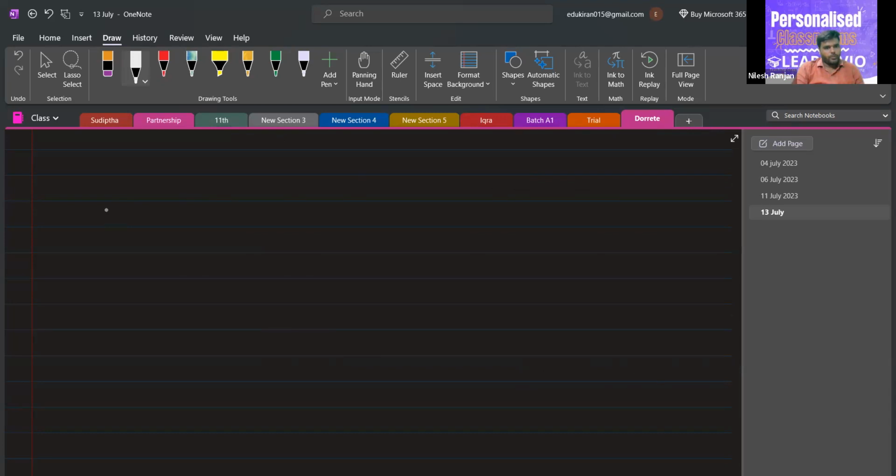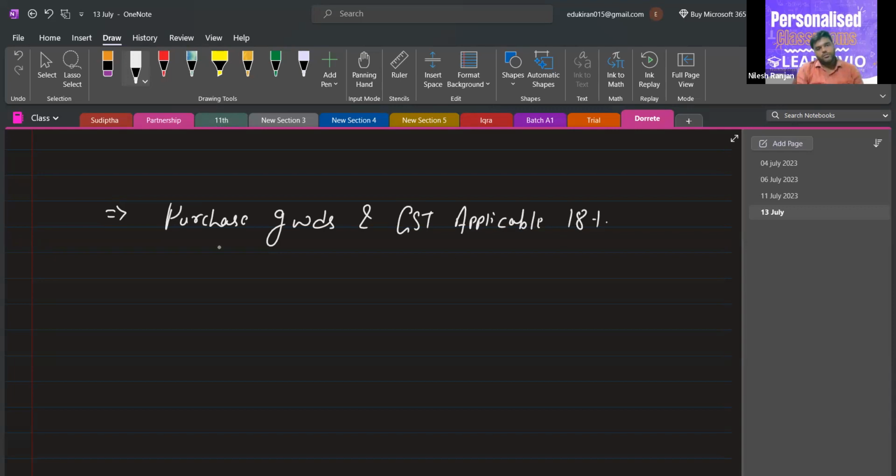So when we purchase goods, and GST is applicable at 18%, first of all, we have to decide whether this transaction is interstate or intrastate.